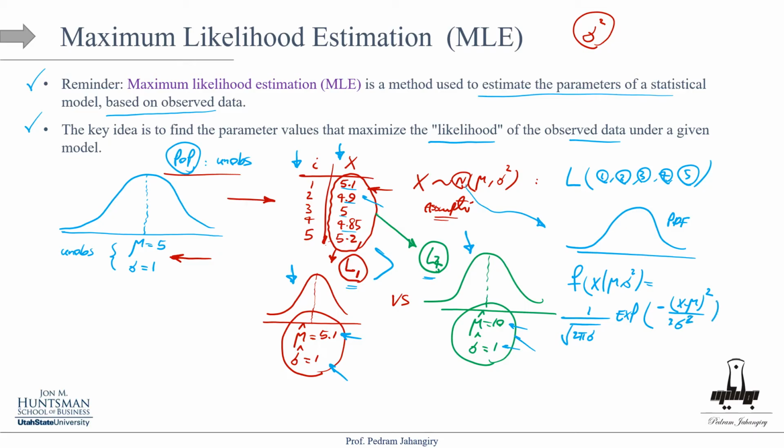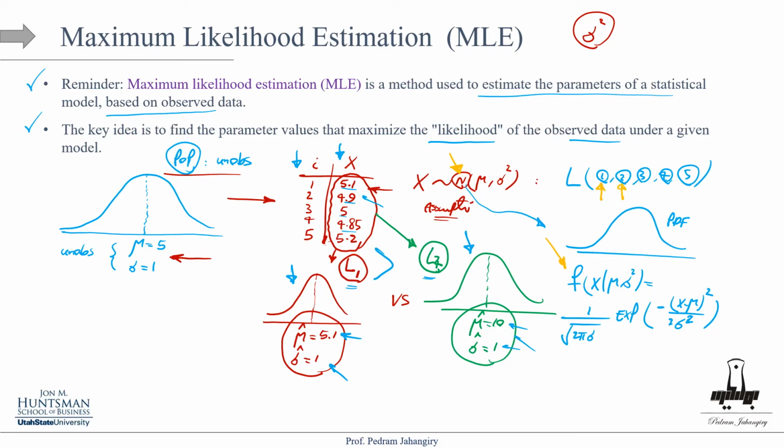So this is going back to the point that I said, why do we care about this normal distribution? Because if you assume that this sample is coming from a normal distribution, you can quantify the density function, right? This is continuous. You should not think of it as a probability, but just for the sake of argument, this is the probability of observing observation number 1, observation number 2.